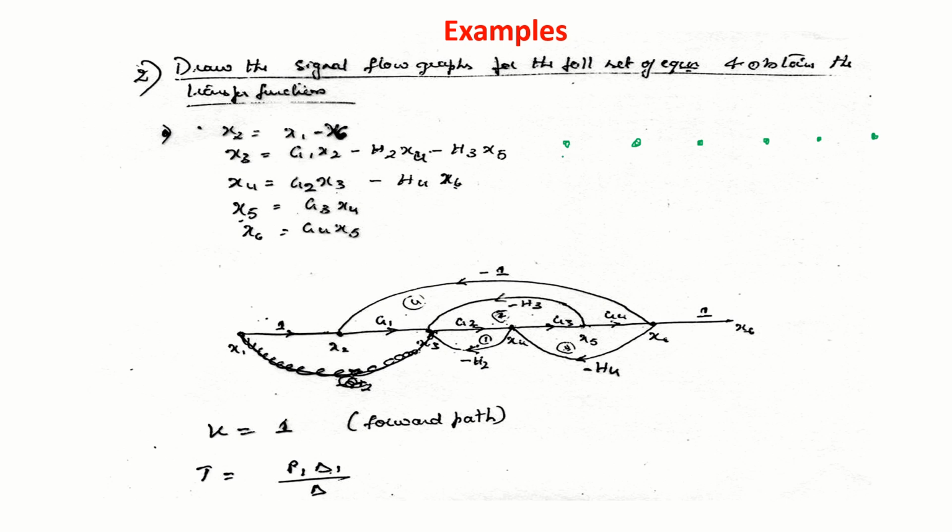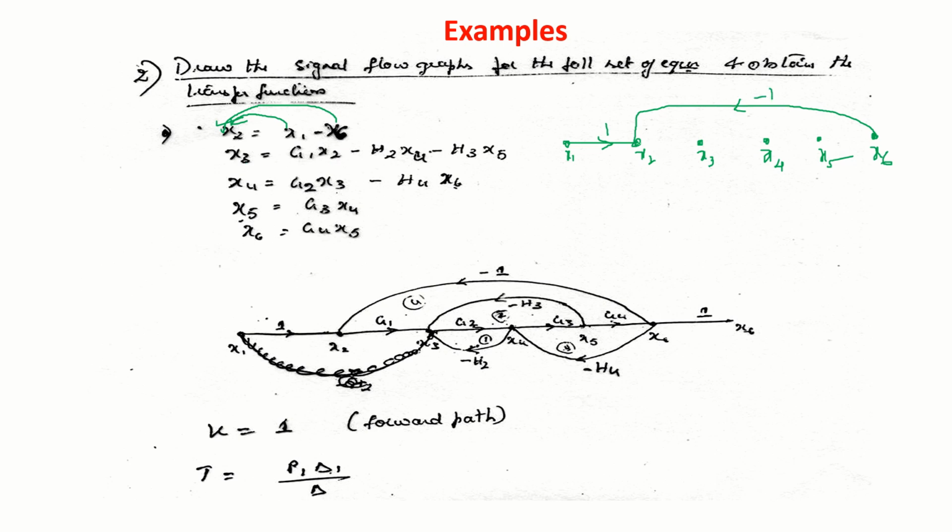Let me mark this as X1, X2, X3, X4, X5 and X6. X1 to X2, gain is 1. X6 to X2, gain is minus 1.